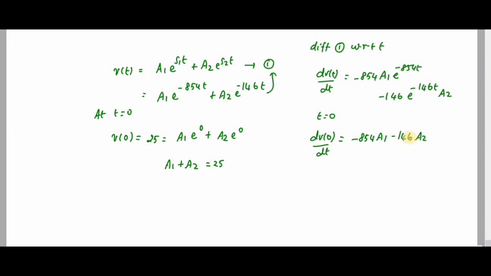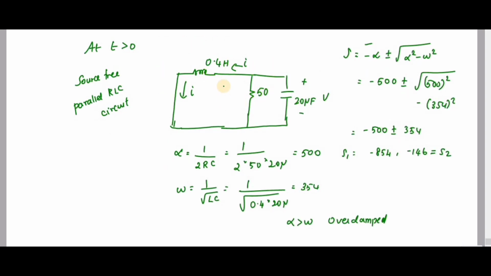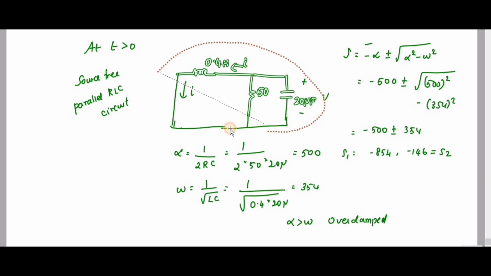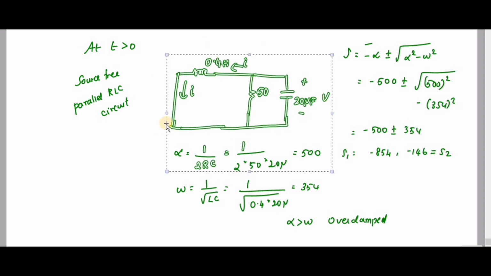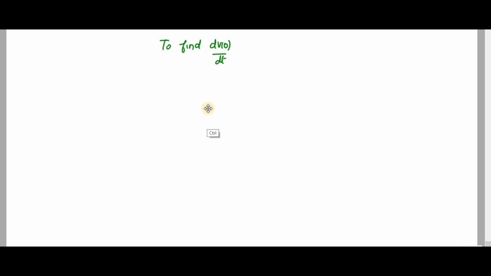Okay, so I need to find the value of dV(0) by dt. So at t equals 0 here you have to take this circuit. Here you can see the voltage, since the three elements are in parallel, the voltage across them is the same.